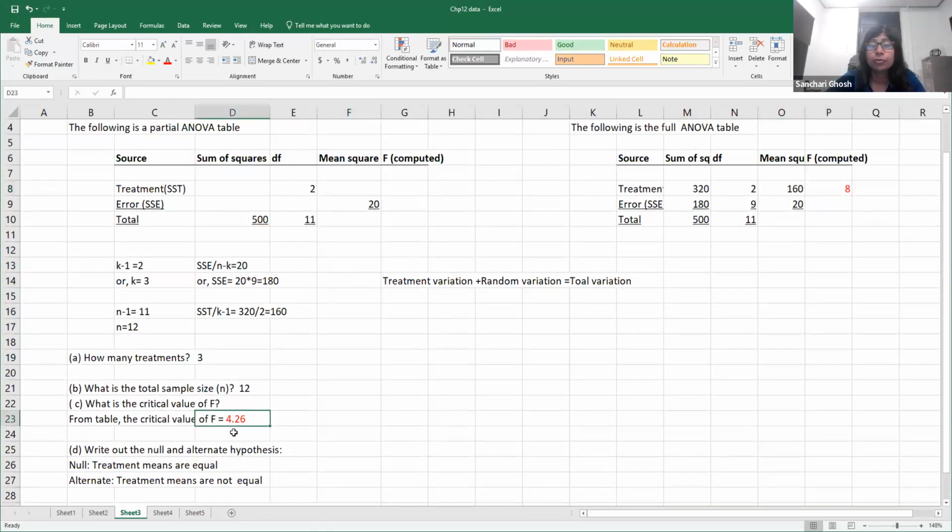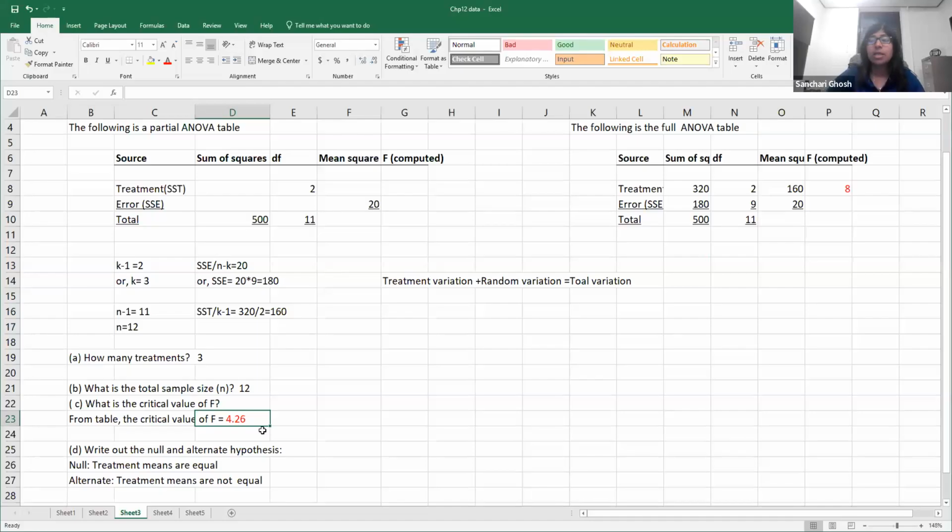The critical value, of course, here you have to take the table help. Let me see if I got the table here. I do not have it, but I guess that's where I found it, 4.26. Just go through the F-stat table, the numerator degrees of freedom on the top, denominator degrees of freedom along your right in the column, you will get 4.26. Remember the degrees of freedom here are 2 and 9. So use that 4.26 number.